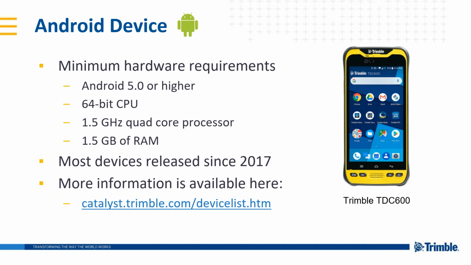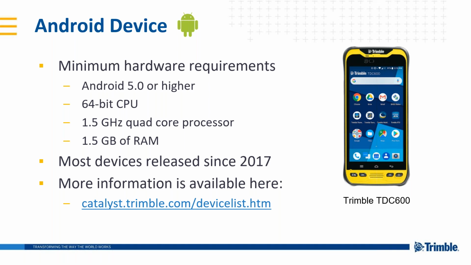Then, of course, Trimble has some devices that can be used with Catalyst, and the one that I use most often and recommend would be the Trimble TDC 600, which is on the right-hand side there. It's a fully capable smartphone from Trimble with a nice big display.